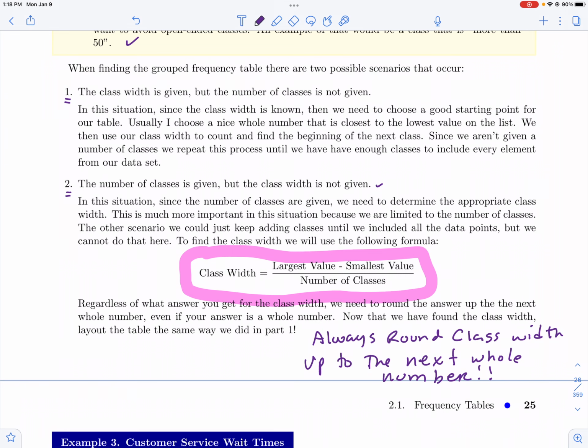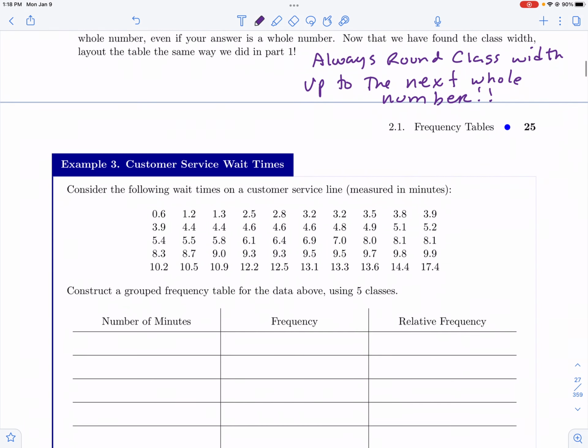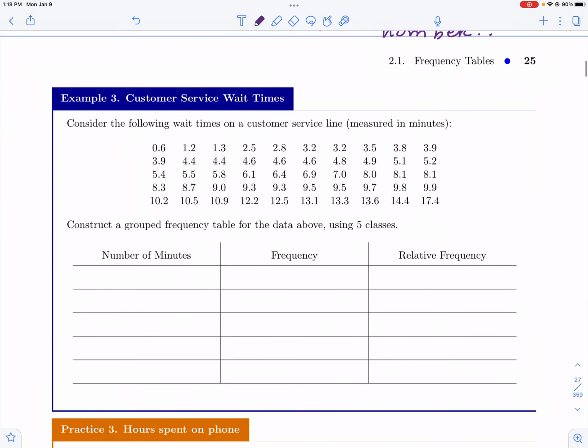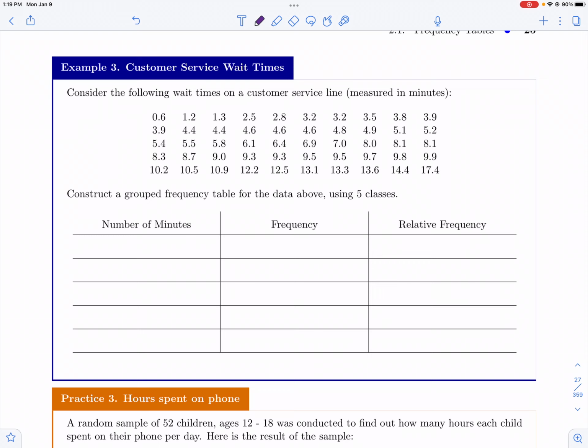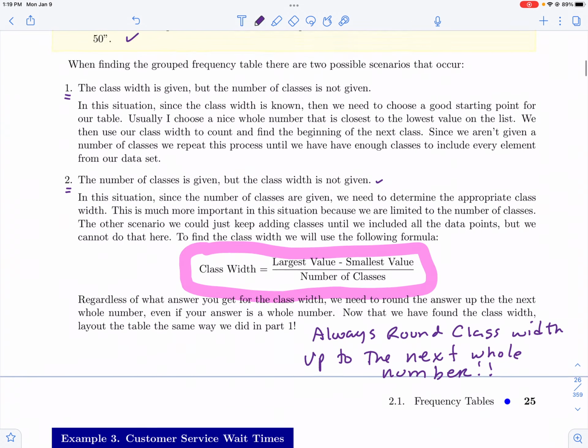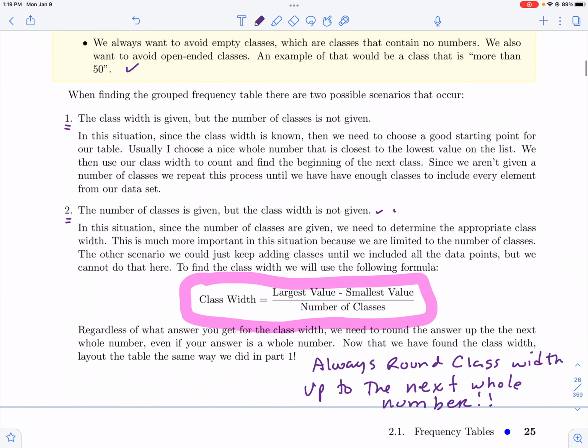All right, so let's take a look at one of these and see if we can figure out how to do it. For example 3, we've got the following wait times. Again, notice they're all decimals. We want to construct a group frequency table for the data above using 5 classes. Since we're given the number of classes, we need to find the class width, so we're in the second scenario.